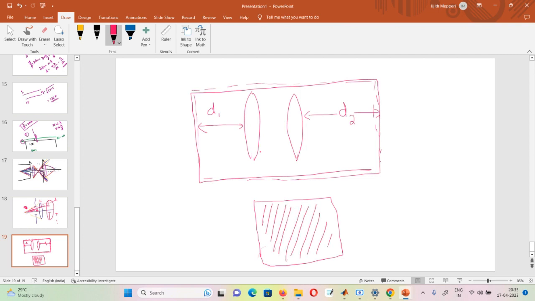This is a system containing a black box which will have two distances, some d1 and d2. Including this d1 and d2, the whole system will act like a thin lens, you will say.